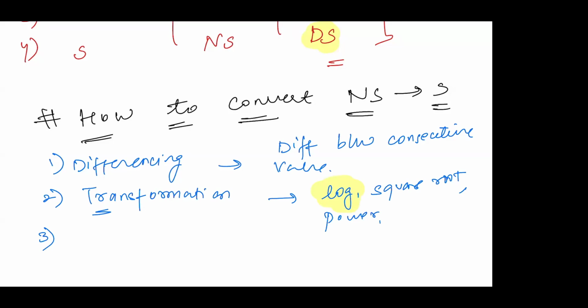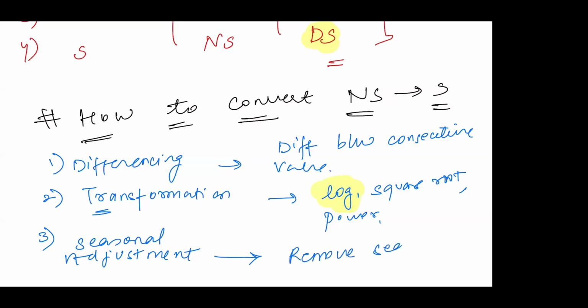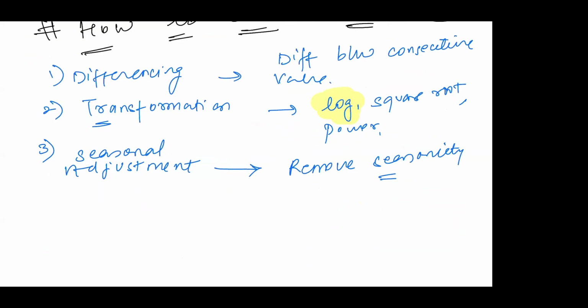What do you mean by seasonal adjustment? Seasonal adjustment basically means that your time series exhibits seasonality. In your time series, there is some seasonal component. If you remove that seasonality, then it can happen that your time series becomes stationary.